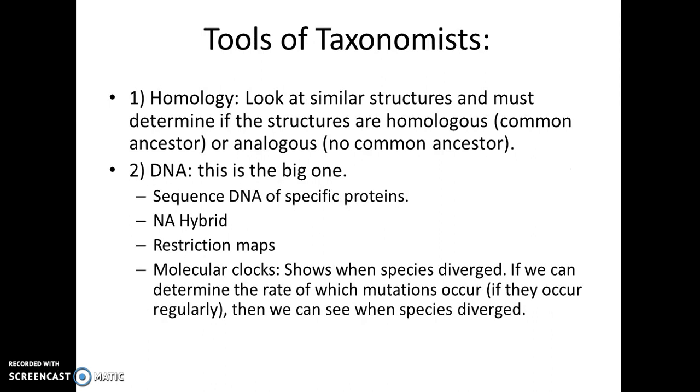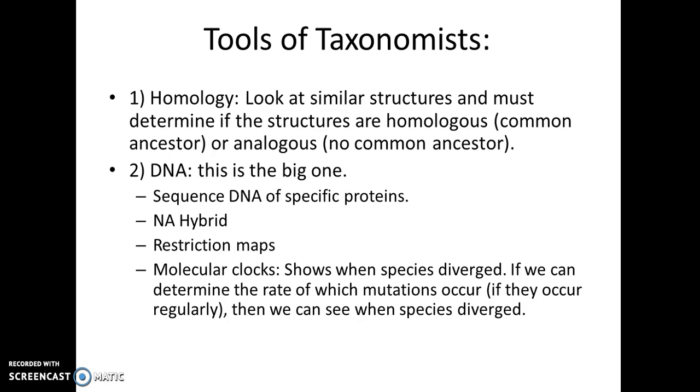The first tool is homology. Look at similar structures, and you have to determine if the similar structures are homologous due to a common ancestor or if they're analogous with no common ancestor. DNA is the big one. You take a look to see if the DNA is similar, if the proteins are similar, and use nucleic acid hybridization to see if the DNA matches up.